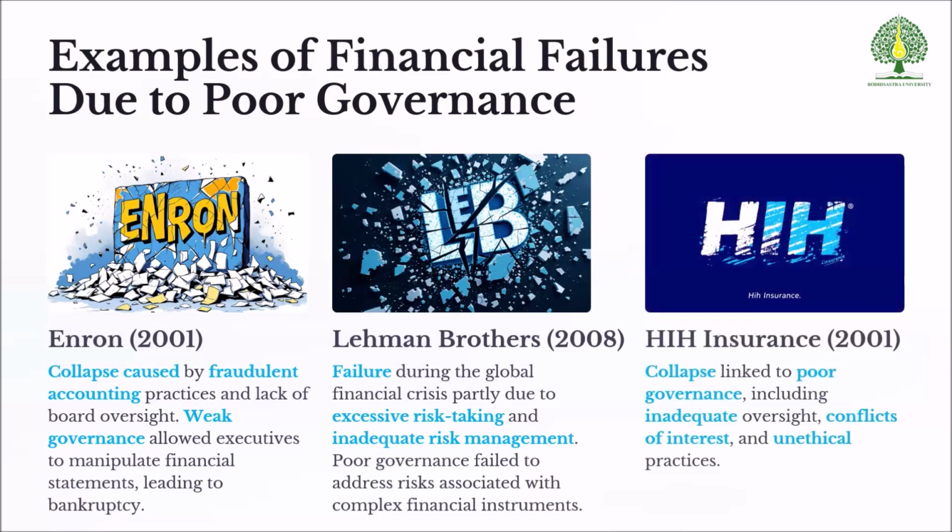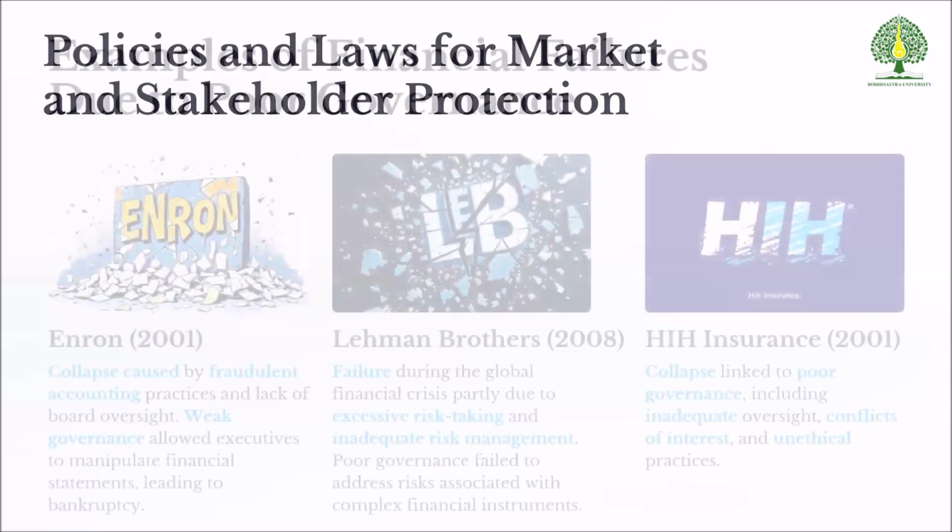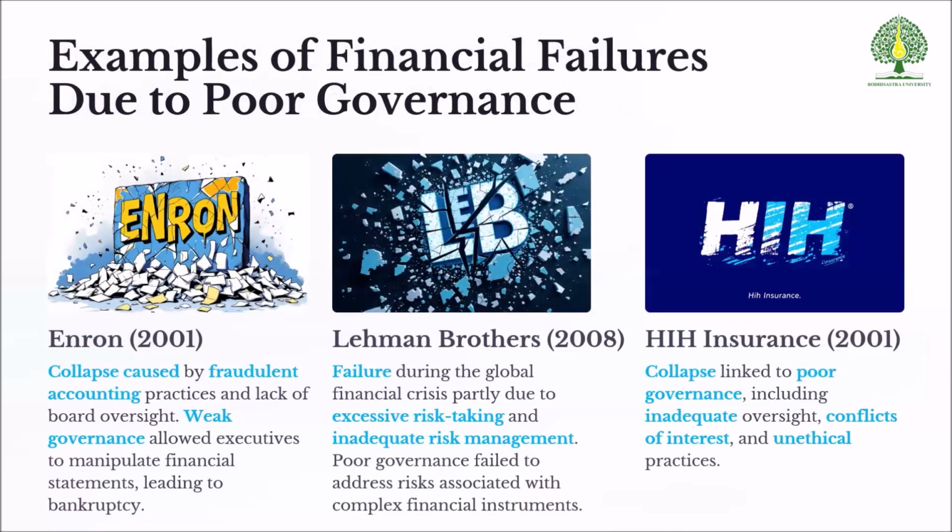HIH, an insurance company in Australia, also collapsed due to poor governance because of low pricing of the premium, and financial management was very poor. If the finance committee or the board had worked a bit more carefully, balancing between revenue and income, especially in financial management, and the insurance was also linked too much to mortgage-based insurance.